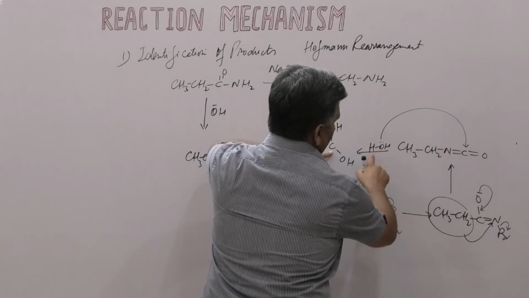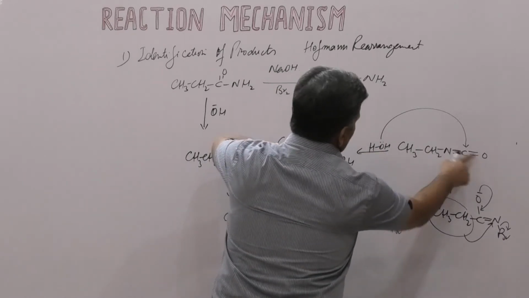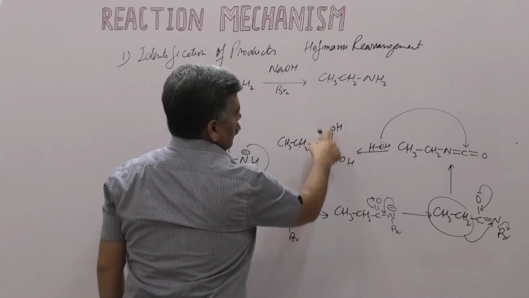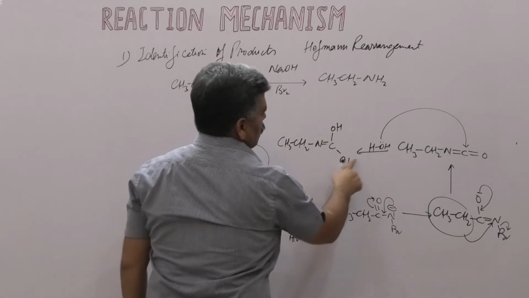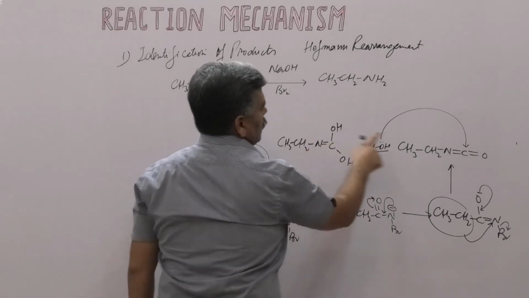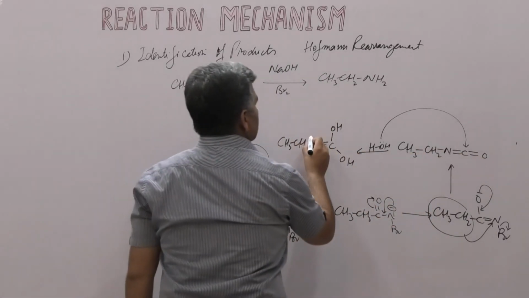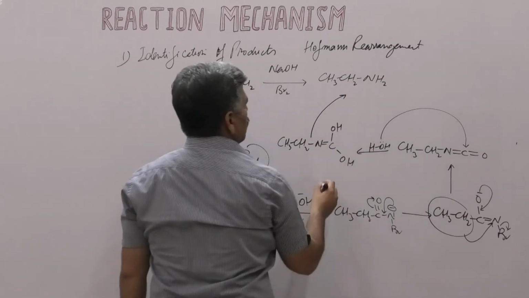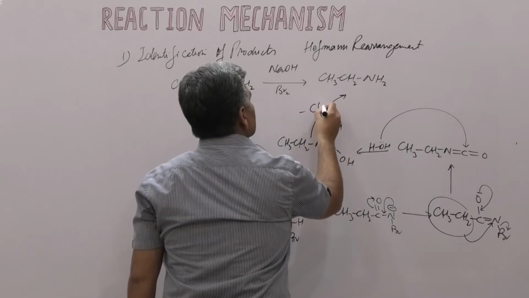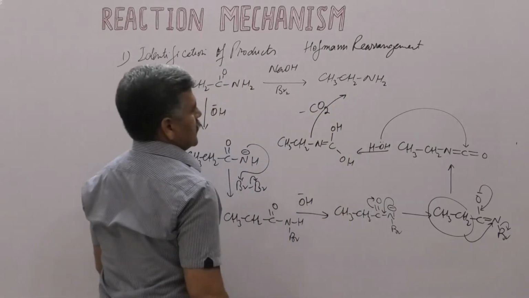One of the hydrogens from this water is shifted to oxygen. So both these oxygens are now hydroxyl, because one hydroxyl is from water, and another hydroxyl is from this oxygen, because one hydrogen is shifted. So this intermediate is cleaved, and carbon dioxide is removed at this step.